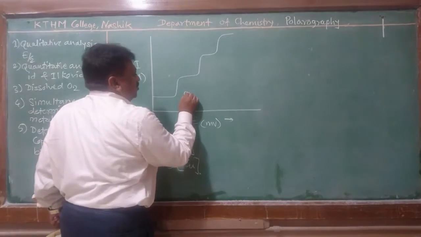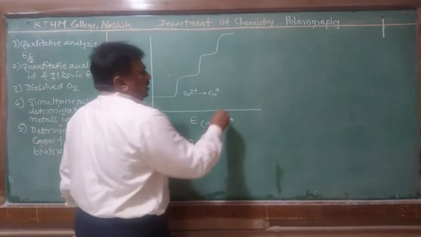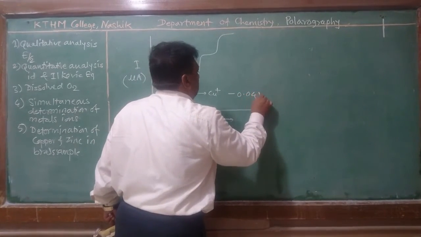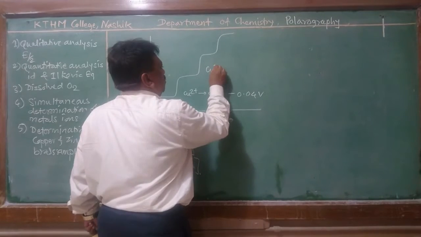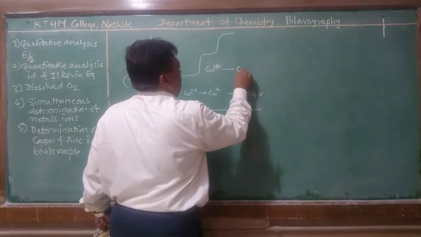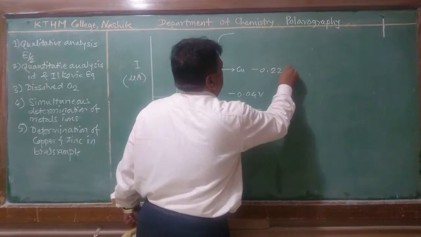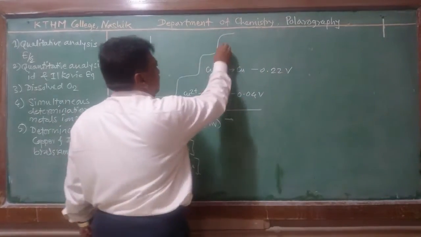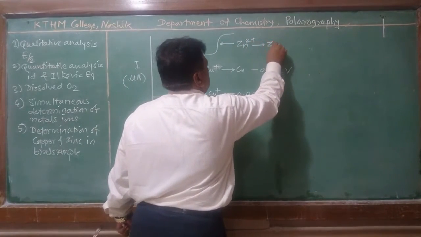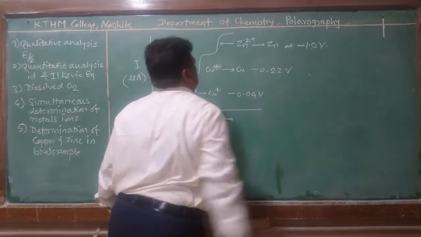First is for the reduction of copper 2 plus to copper 1 plus, which takes place at minus 0.04 volt. Then copper 1 plus to copper 0 at minus 0.22 volt. Then zinc 2 plus to zinc at minus 1.0 volt.